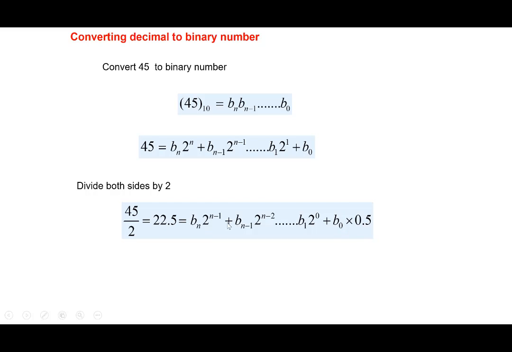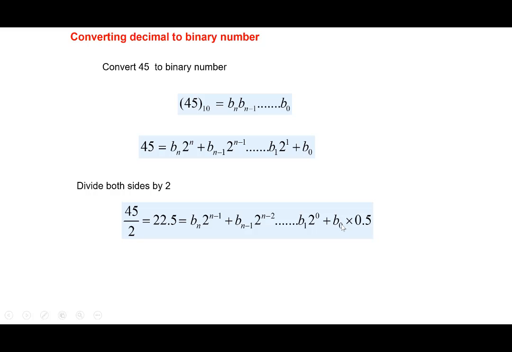So we compare the left and right hand sides. We note that the part from B1 to Bn has to be an integer, a whole number, and therefore, to match the left and right hand sides, B0 has to be equal to 1.